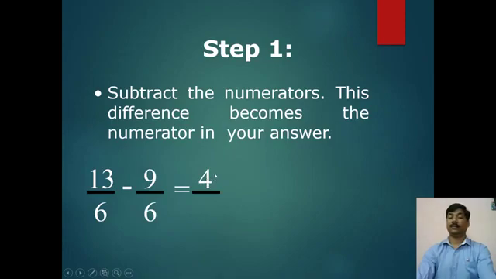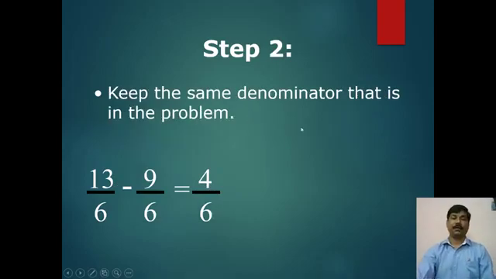Here, the difference will be 4. And this difference becomes the numerator of the answer. What about the denominator? As I already told you in step second, keep the same denominator that is in the problem. The denominator will be the same. There will be no change in the denominator.